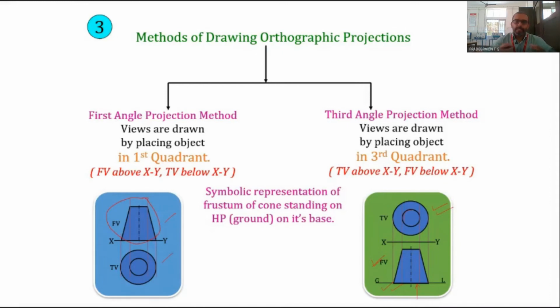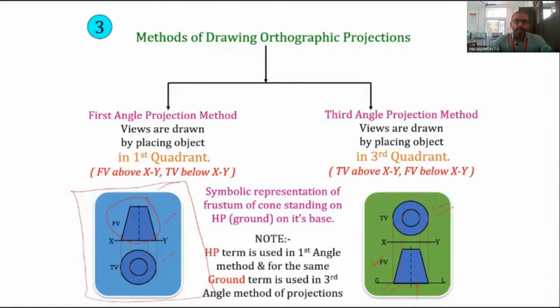This is the symbolic representation of the drawing. We are not following this one, because we will always be following the first angle projection unless and until specified otherwise. The term HP is used in the first angle method, and for the same, the term ground is used in the third angle method. So that's it.